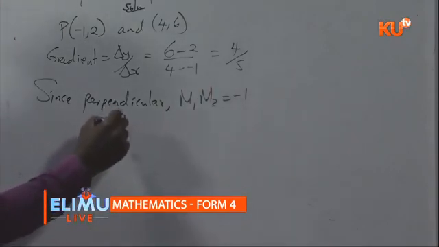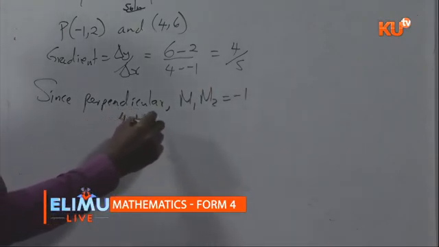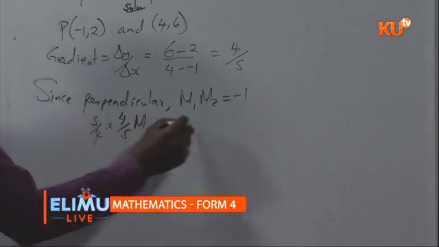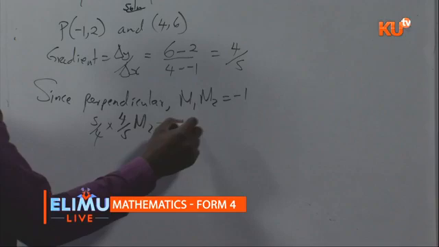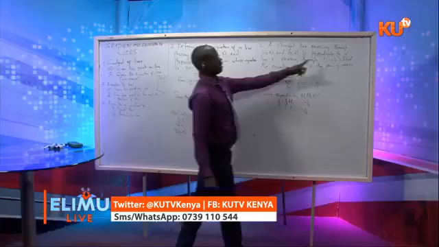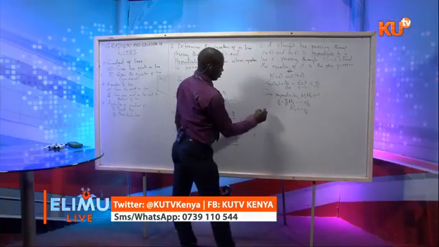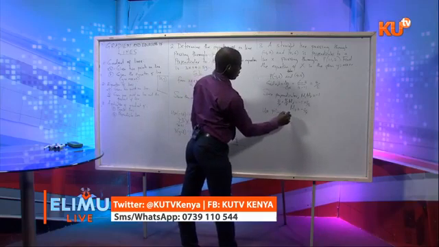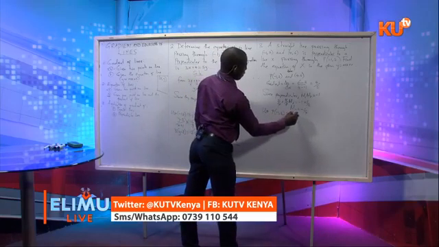So we take 4/5 times m2 equal to -1, times 5/4. This cancels, so m2 is -5/4 as our gradient 2. Then this line is passing through the point P, so we'll use the point P, which is -1, 2, and x, y.